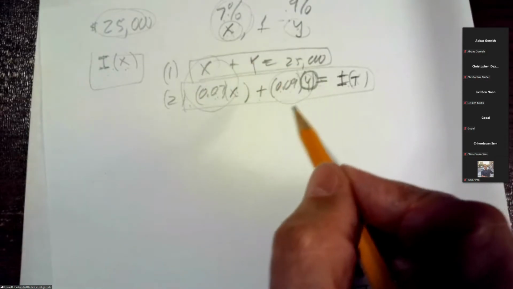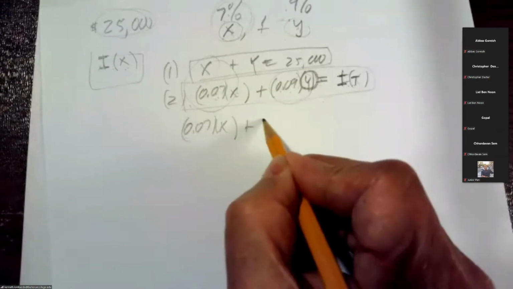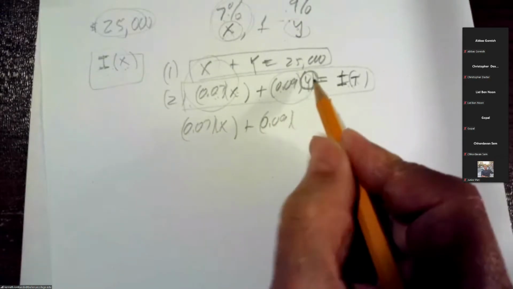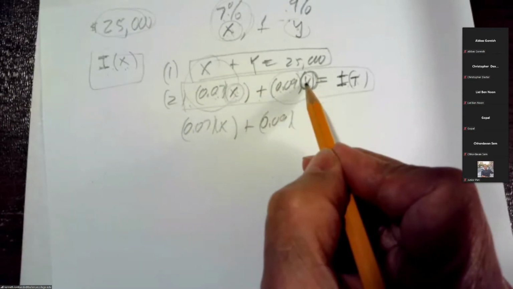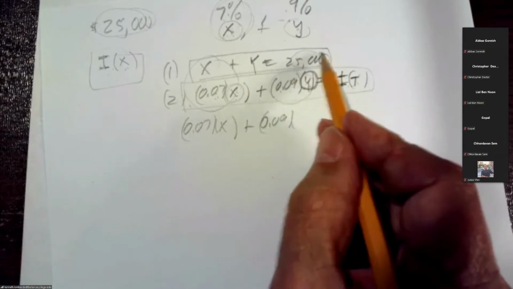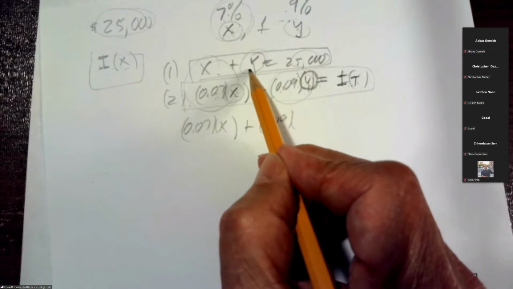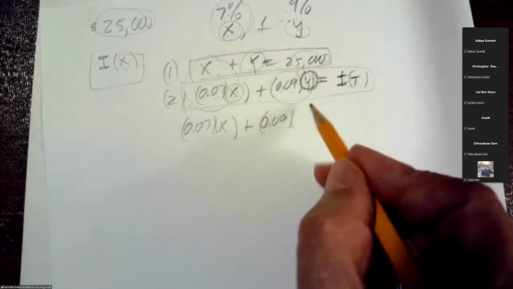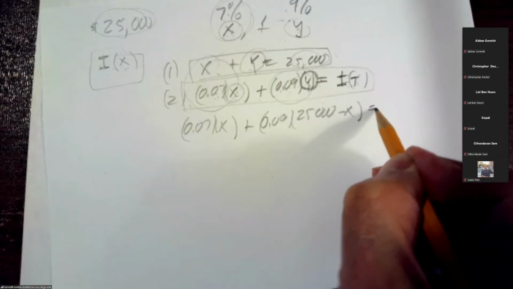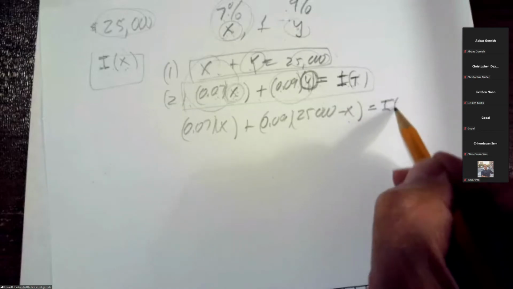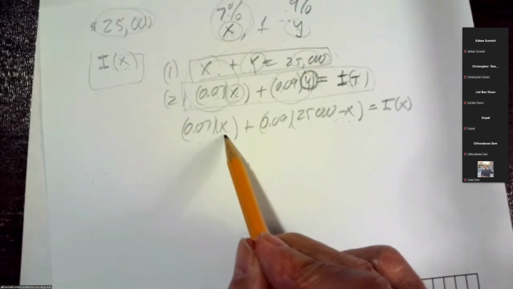If we solve the first equation for Y, it's 0.07 times X plus 0.09 times Y. Well, X is an amount of money. Y is 25,000 minus X, isn't it? Whatever, if I'm going to solve for Y, it's this 25 minus the X. So that's going to be 25,000 minus X. And that's going to give me the interest now as a function of X. There are no other values except X in here now.